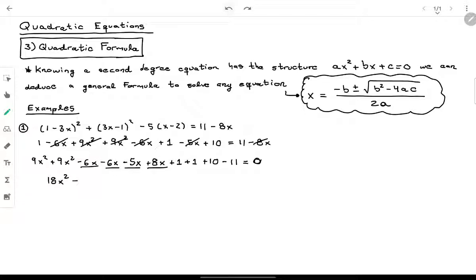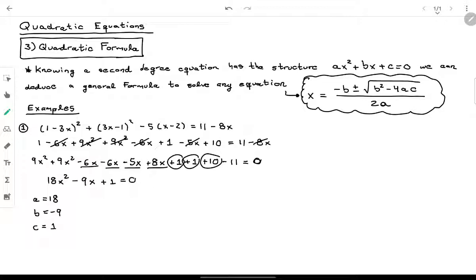Minus 9 minus 9x. 1, it's 2, 12 minus 11. It's going to be plus 1 equals 0. So now we have that a equals 18, b equals minus 9, and c equals 1.